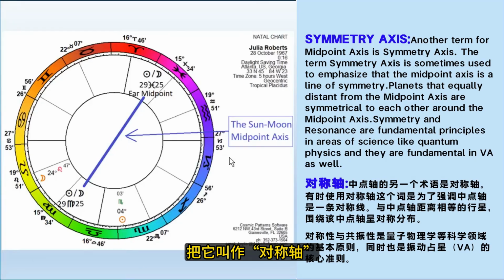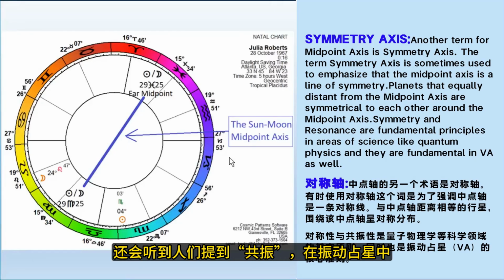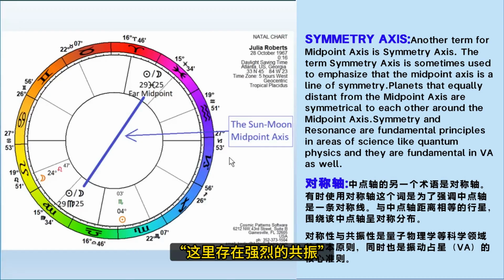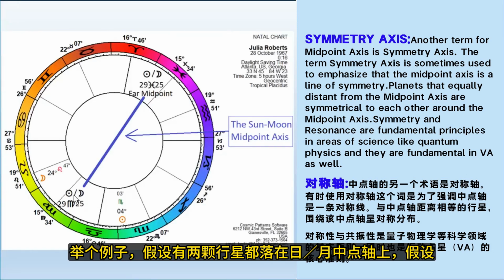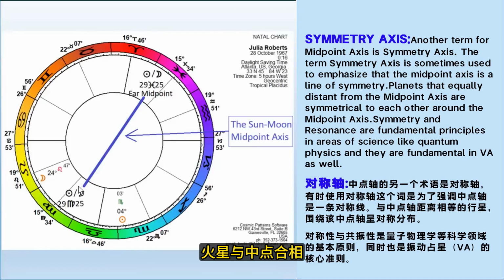as a symmetry axis, and then you may also hear the person referring to resonance. For example, in vibrational astrology, you might say there's a lot of resonance going on because a planet is on the midpoint axis. So, for example, suppose there were two planets on the Sun-Moon midpoint axis. Suppose Mars is conjunct the midpoint and Jupiter's at the far midpoint.